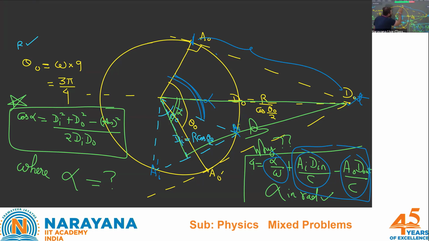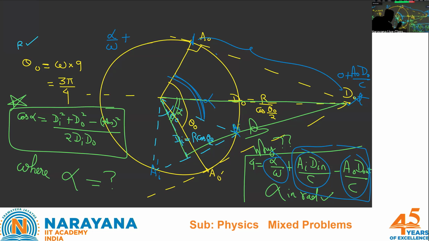So the thing that you throw at 0 reaches here at 0 plus this time, which is A0 D out by C. This is one time instance. He receives the max. Look at the inner guy. For the inner person, the maximum is thrown from this point. And that time is already alpha upon omega. And then he takes additional time to reach here.